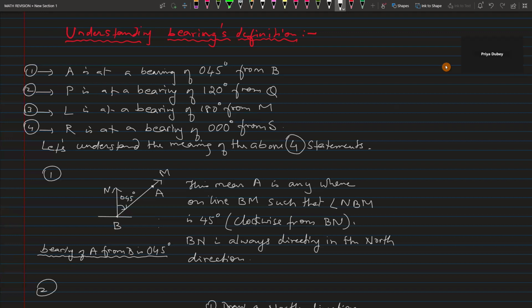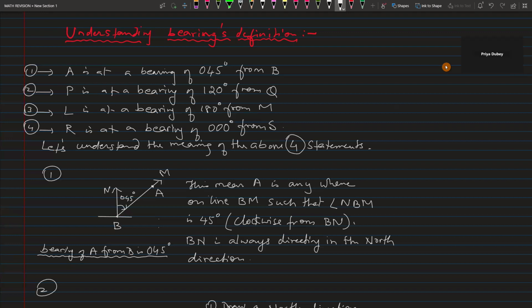Then from that arrow mark, you have to take this angle 045. You have to measure that angle and create a new angle. So you will get an angle like NBA equal to 45 degrees. So you have now shown that the bearing of A from B is 045.